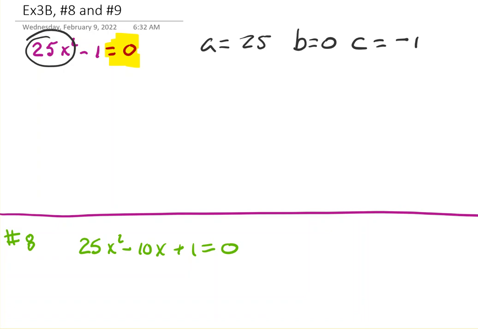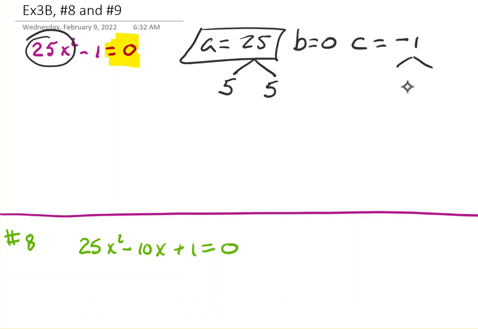Well, again, notice the rows have changed, and A is not equal to +1. That means we've got to try to factor it. So we're going to ask, what two things can we factor out of 25 that will give us a 0 when we combine them? That would be 5 and 5.